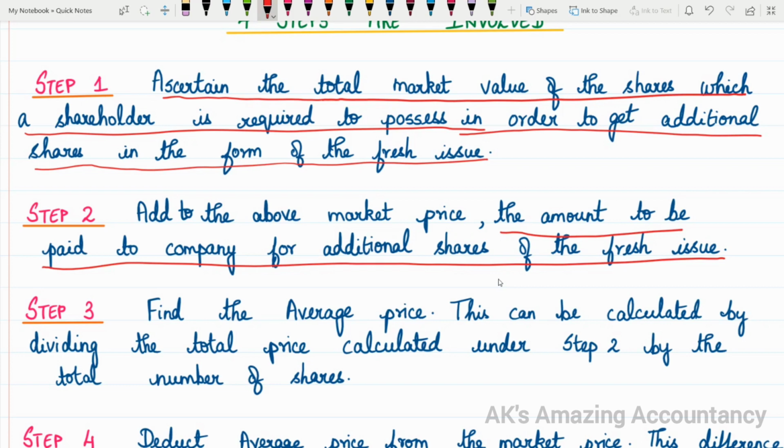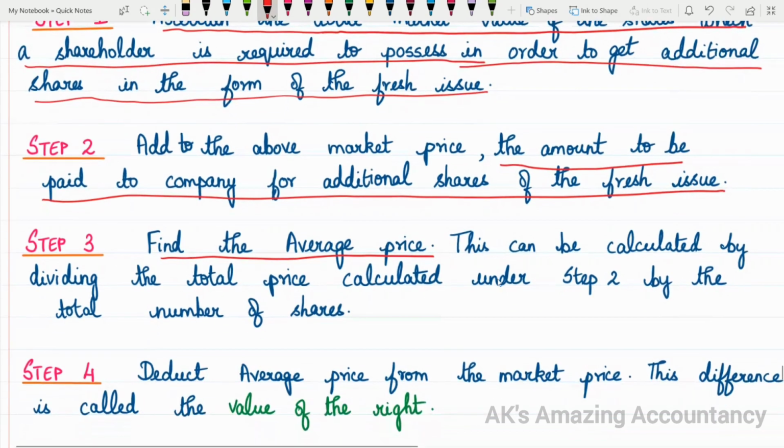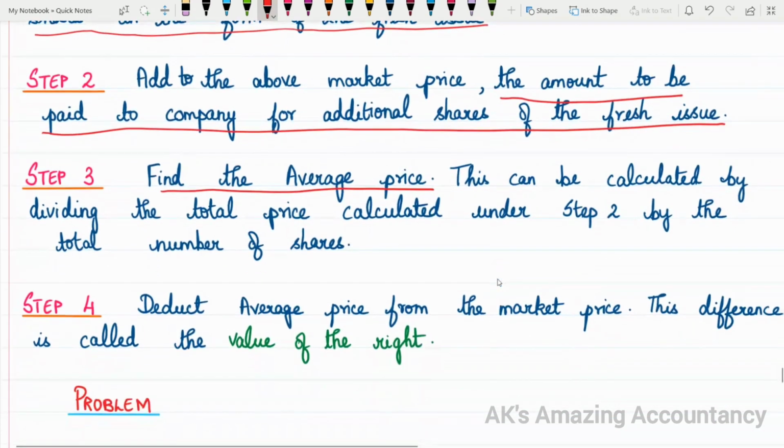Then step 3 is to find the average price. So what should you do? In step 3, you have to find the average price. So how to find out the average price? The average price can be calculated by dividing the total price calculated under step 2.